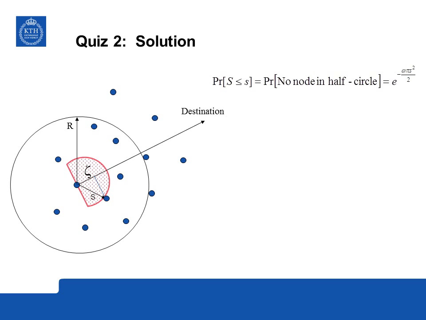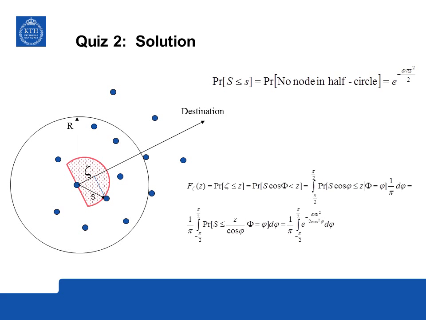It's a little bit more tricky to get the distribution of zeta here, since this is the projection on the destination line, and assuming that the angle between the destination and the routed node S is phi.